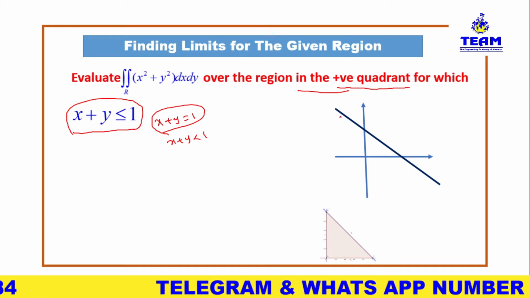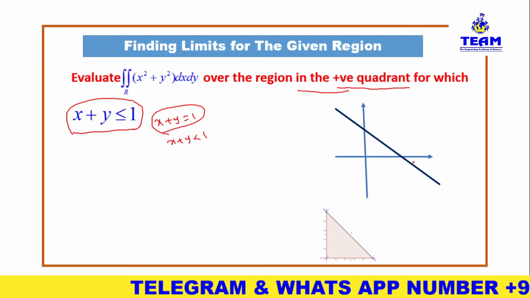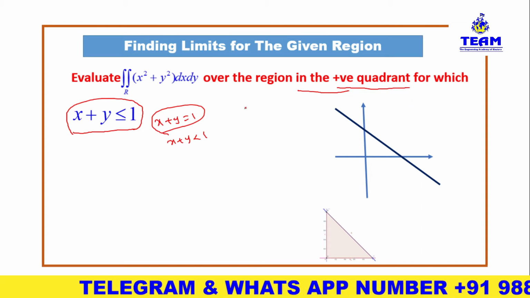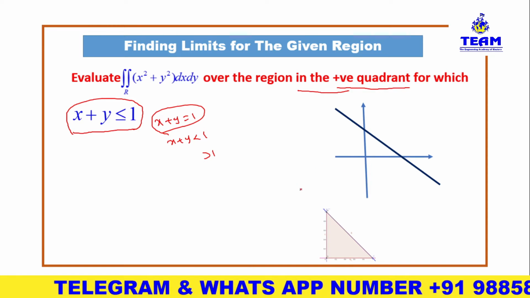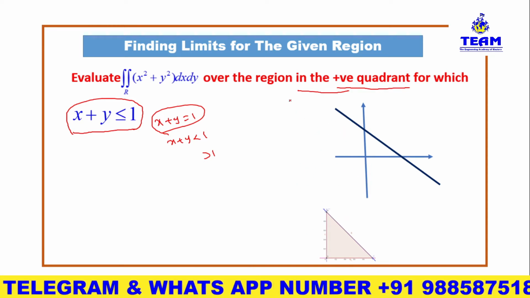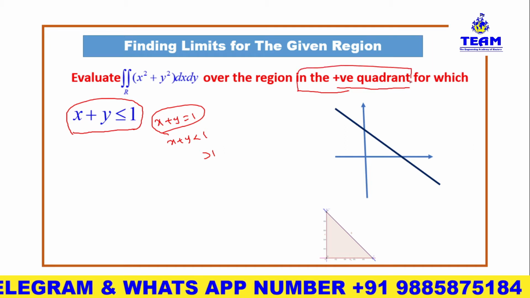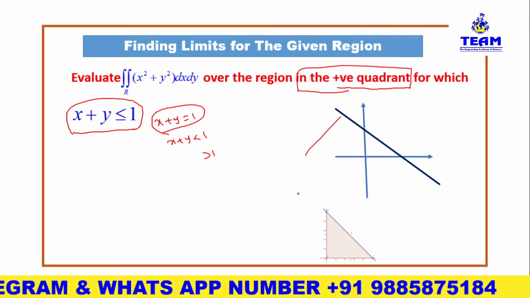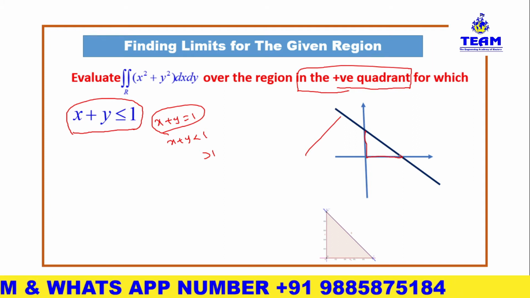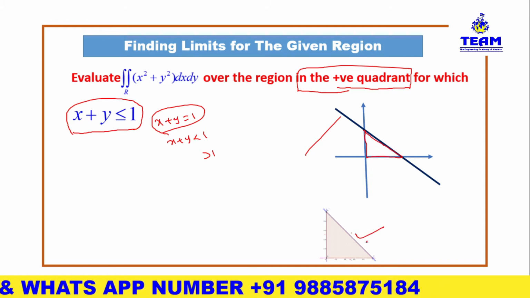This is greater than 1, this is equal to 1, on the line it is equal to 1. Above the line, upwards, is greater than 1. Downwards means less than 1. So our region is like this, the total region you have to take. But what they gave is the first quadrant only, we require only the first quadrant. So this is our region. Okay, this is our triangle now.